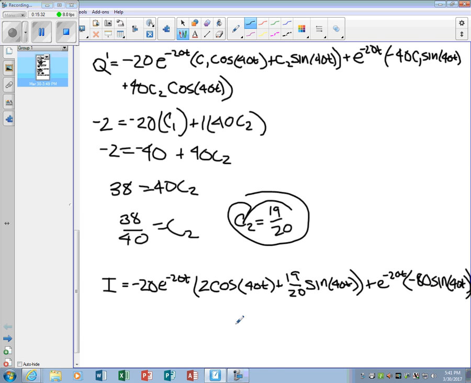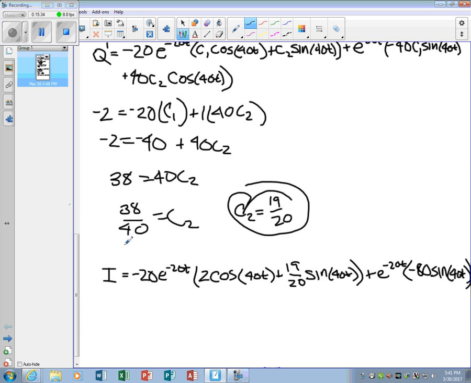Okay, we're continuing down here. And this right here is going to be 38 over 20 cosine 40t.